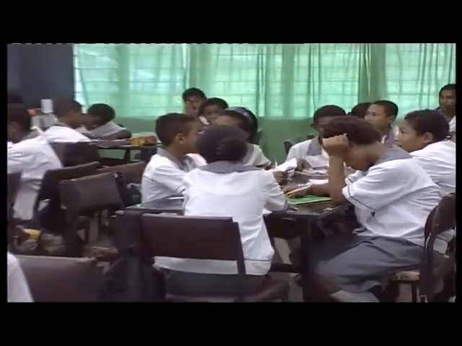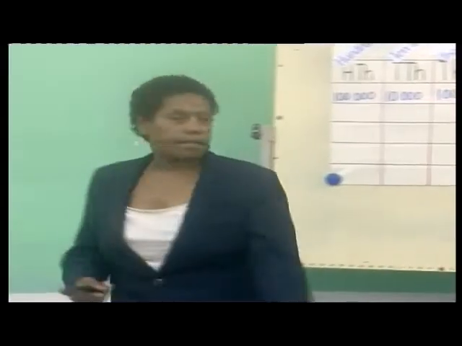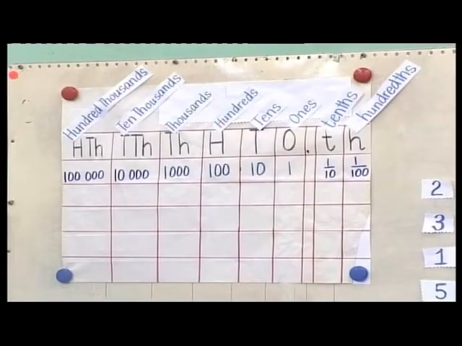Class, up here on the board, receiving students, before I tell you what this is, can somebody tell your teacher what this chart is? Class, can somebody tell us what this chart is called?